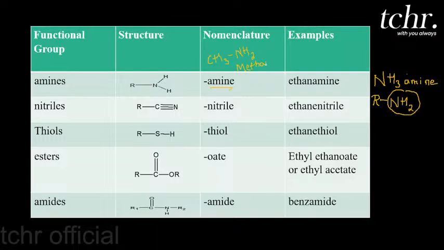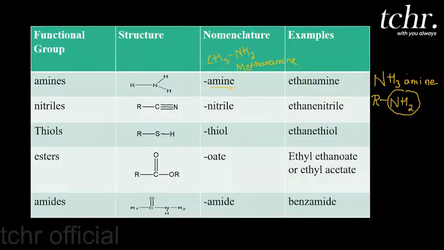Methane, correct? Now you remove one hydrogen and add the NH2 group there, the amine functional group. So here you have to add the suffix amine. So it becomes methanamine, CH3NH2. We call it methanamine.